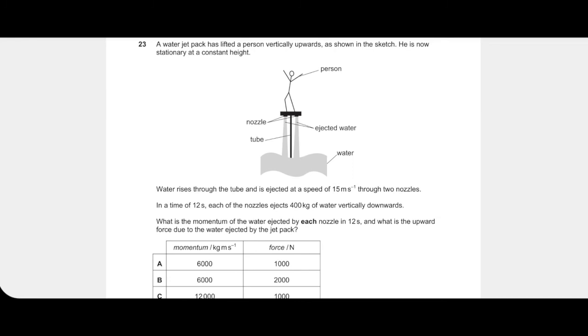So immediately you should be thinking about how to calculate momentum, and momentum is calculated by mass times velocity. So mass times velocity is equal to momentum. I'm just going to scribble that over. Now, I'm going to calculate the momentum of the water being ejected from each nozzle.